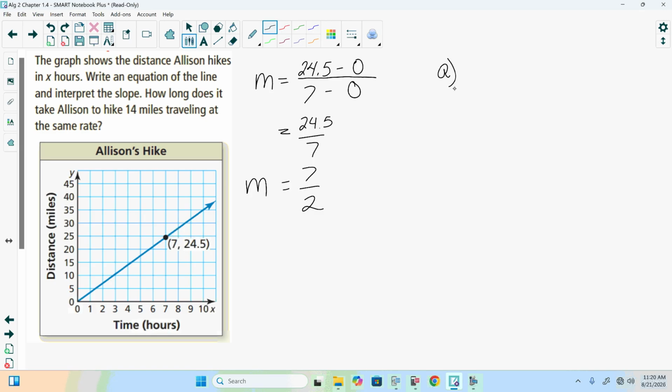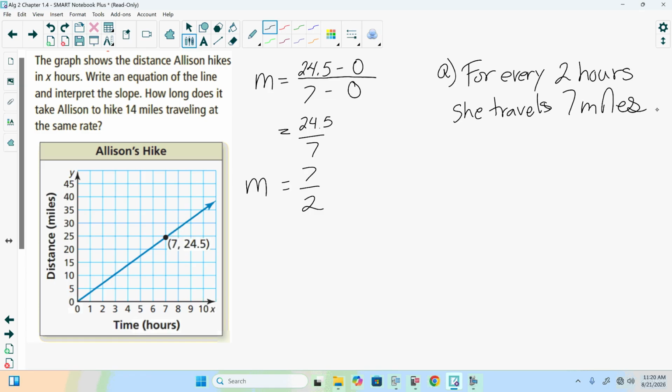We're going to interpret the slope. I always do for every 2 hours she travels what? 7 miles. For every 2 hours she travels 7 miles.